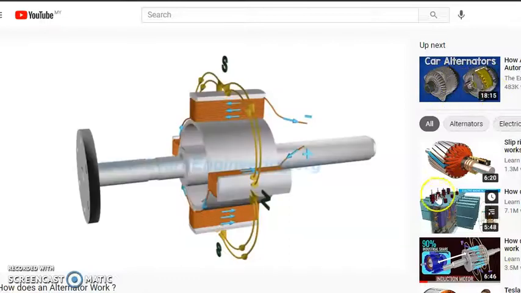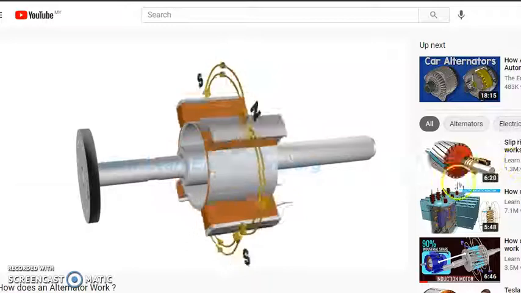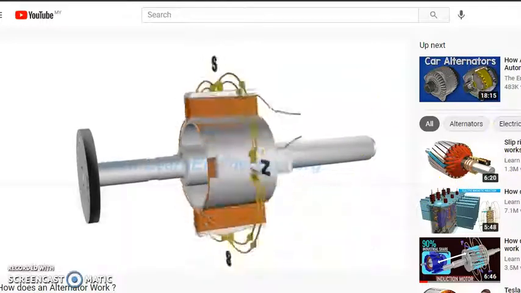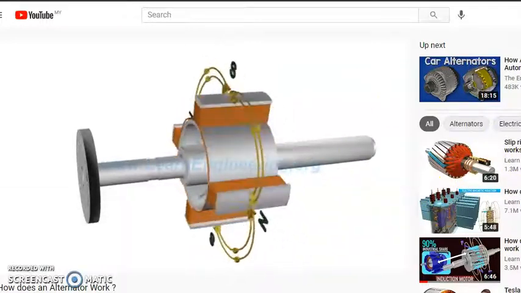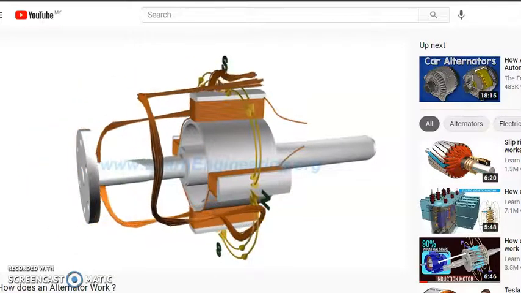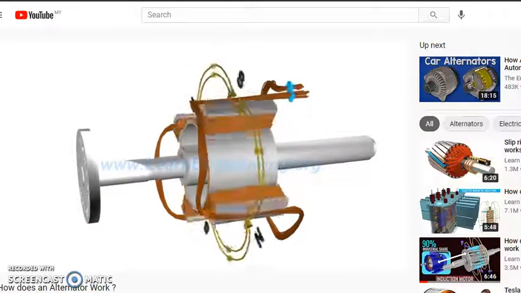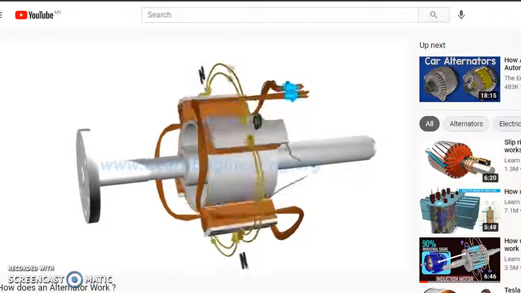The rotor is made to rotate by a prime mover. This makes the rotor flux also rotate along with it at the same speed. Such revolving magnetic flux now intersects the armature coil, which is fitted around the rotor. This will generate an alternating EMF across the winding.